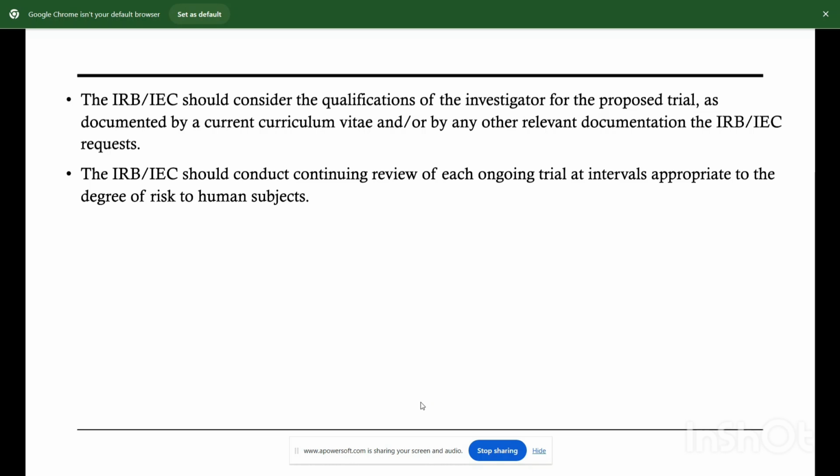They have to always ensure the studies are going according to the protocol only. The EC has to do continuous review of the ongoing clinical trial at certain intervals as per the EC SOP. That is also one of the responsibilities of our ethics committee.